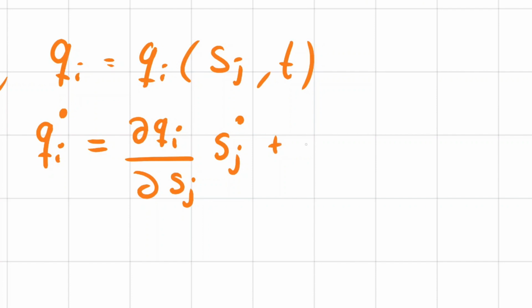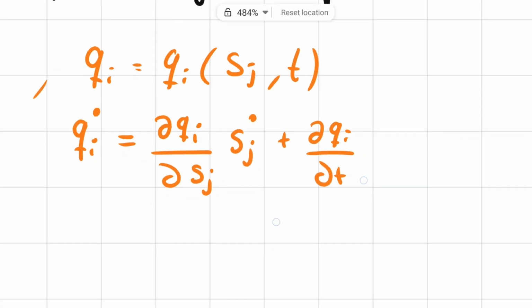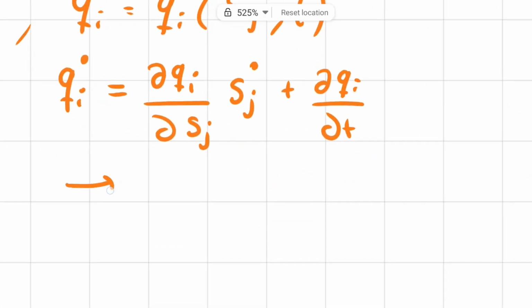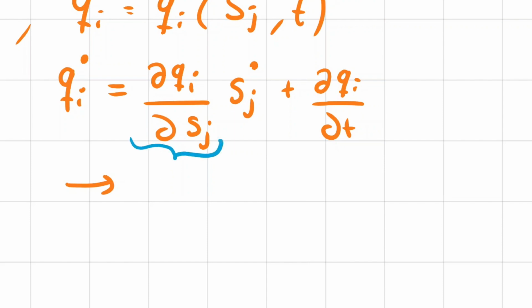And then plus the derivative of qi with respect to time, right? Okay, perfect. So from here, it is easy to notice that if we take the derivative with respect to sj dot of qi dot, we are going to get this element that we have here.